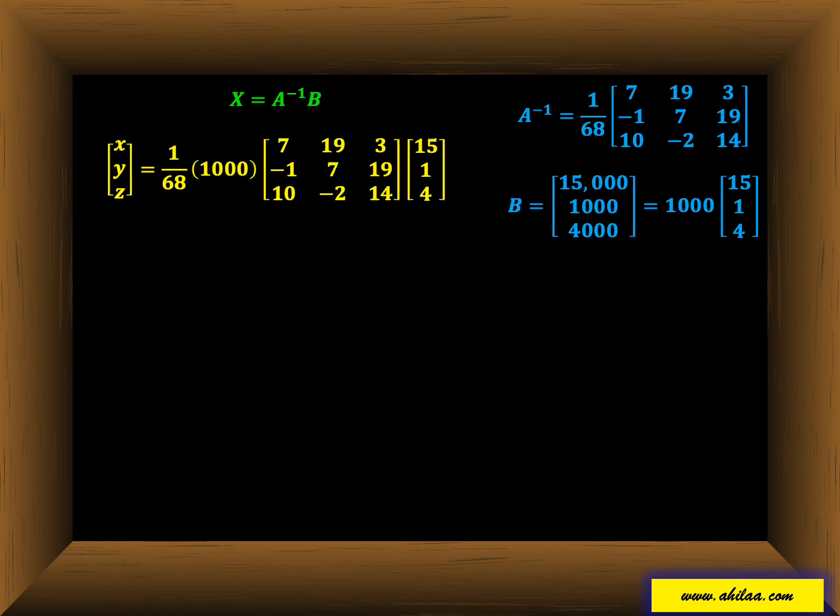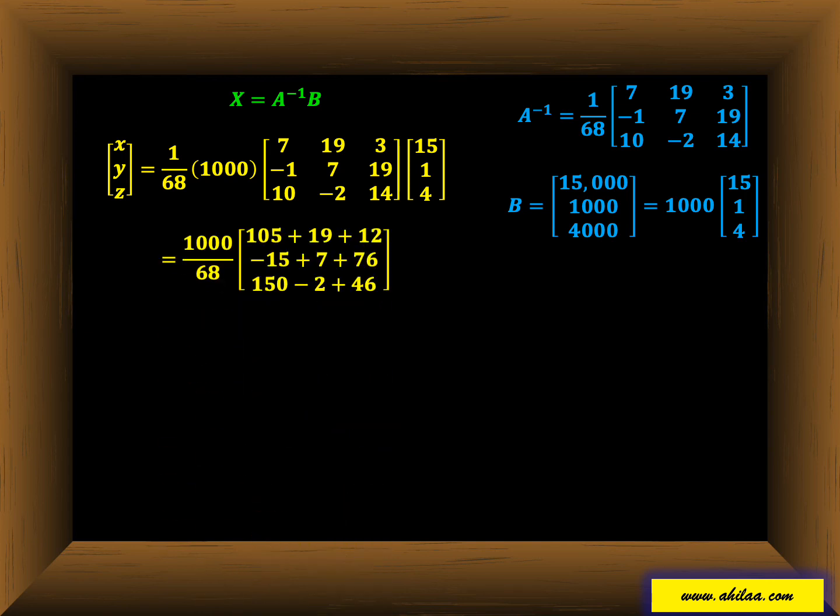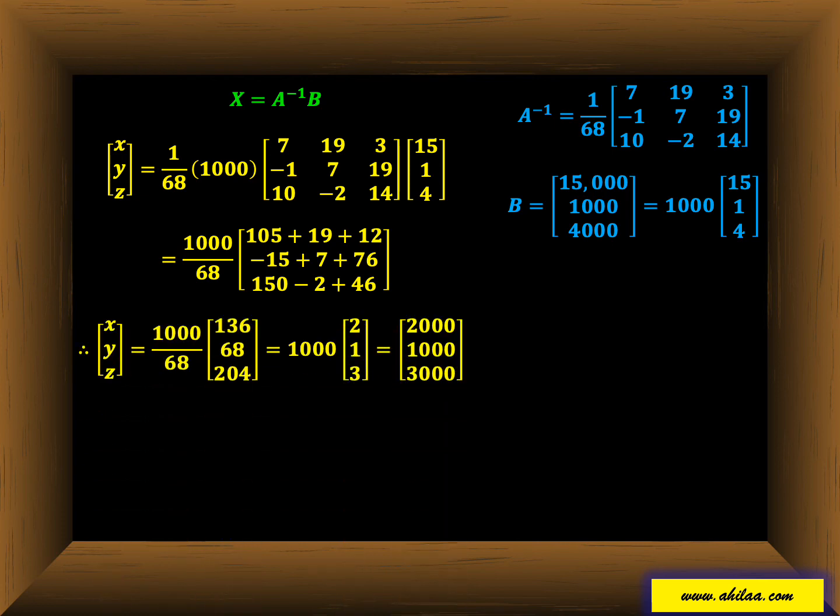We know the variable matrix X is the column matrix x, y, z. Simplify by normal matrix multiplication. We are getting the resultant matrix as 2,000, 1,000, 3,000. Okay. So equating the corresponding values, x equal to 2,000, y equal to 1,000, z equal to 3,000.